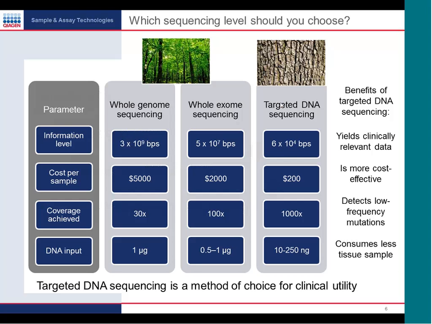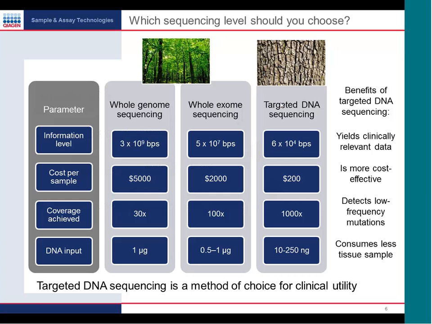By doing targeted DNA sequencing, you can really focus on a genomic region which is clinically relevant. Doing that, the data output is going to be more relevant for your clinical use, and the cost of analyzing each sample is going to be low. And importantly, if you are dealing with tumor samples, we know there are heterogeneity issues.